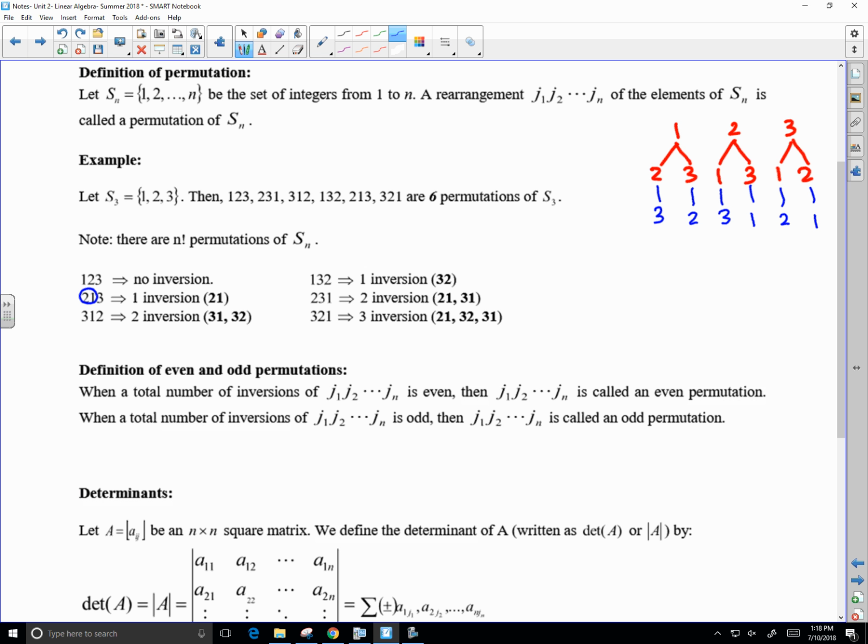I promised my Cal 3 students that the explanation would come in linear algebra, so here it is. But it has to do with this inversion concept, because we define an odd number of inversions as negative, and an even number of inversions as positive, right?